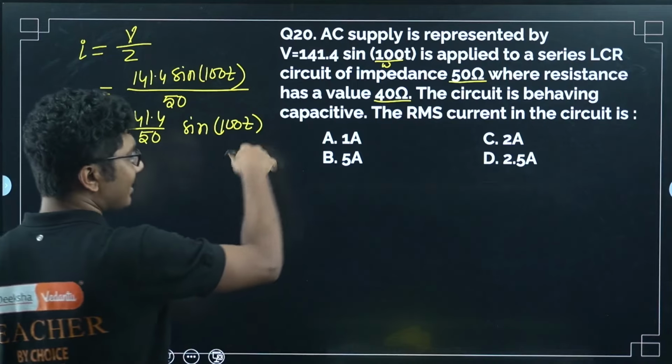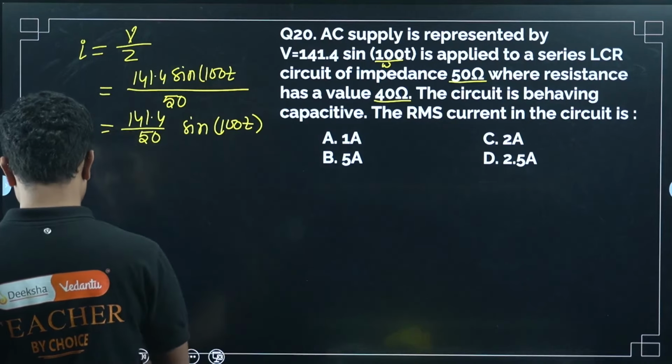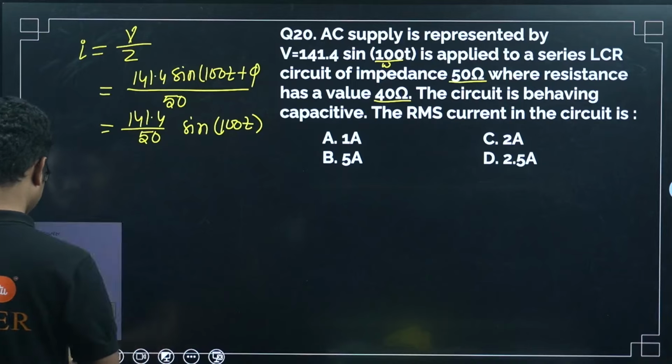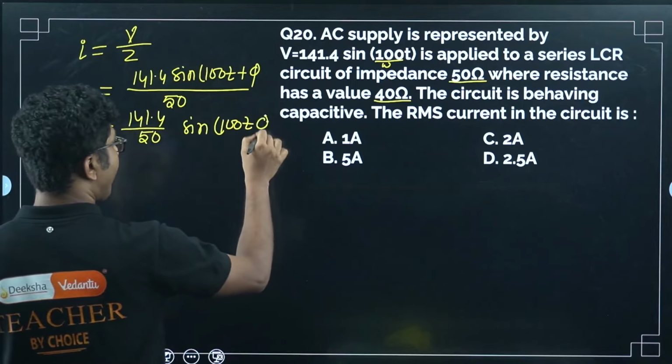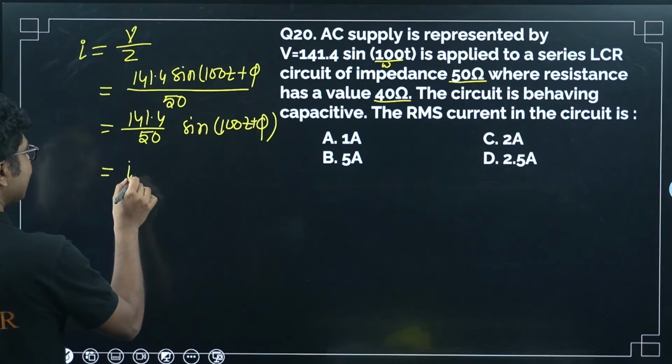Okay, 100t plus phi, there will be a phase term as well, because obviously this is not in phase. So some phase term will be there, but we are not bothered. What we are interested in is this form, right?